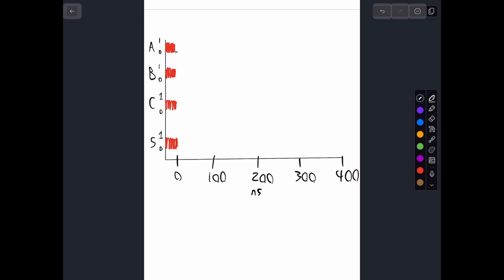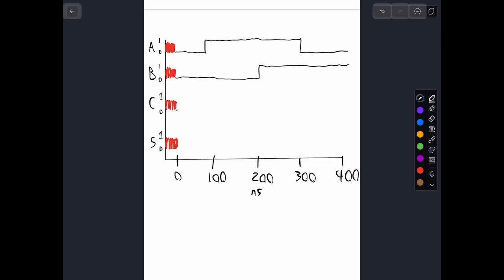Okay, what is C going to look like? Well, if we just look at these waveforms, when should C be high? When should it be 1? Yeah, when they're both high. So it's only going to be just this tiny little section right here.